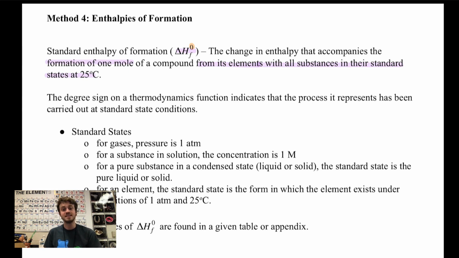For a pure substance in a condensed state, like a liquid or solid, the standard state is the pure liquid or solid. And for an element, the standard state is the form in which the element exists under the conditions of 1 atmosphere and 25 degrees Celsius. Okay, so basically, when we're in a room, like at room temperature, and we're pretty close to 1 atmosphere, what state is that element in?